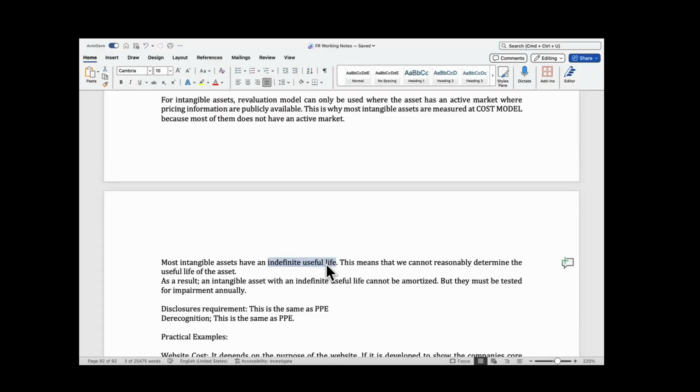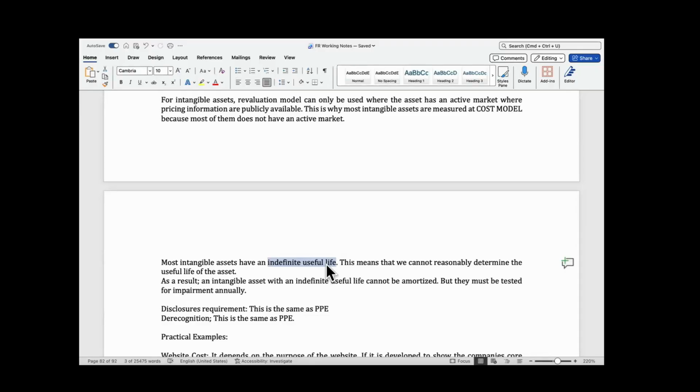And I quickly made you know that indefinite is different from infinite. Indefinite means that we don't know the useful life. We cannot see the end. Not that it doesn't have an end. It has an end, but we cannot reasonably determine it. But infinite means it does not have an end. The life will not end.